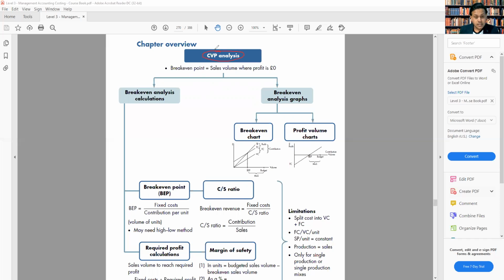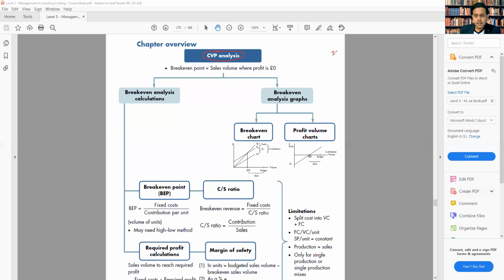The meaning of CVP is cost, volume, profit. So we'll analyze the cost, the volume, and the profit. There are a few formulas that I'm going to write down for you, and you have to remember them in order to calculate this CVP analysis. So let's write it down.